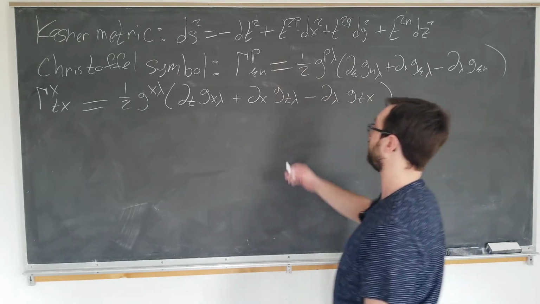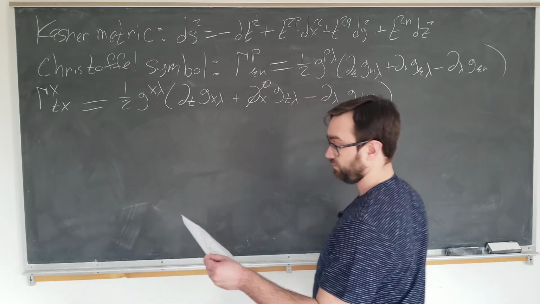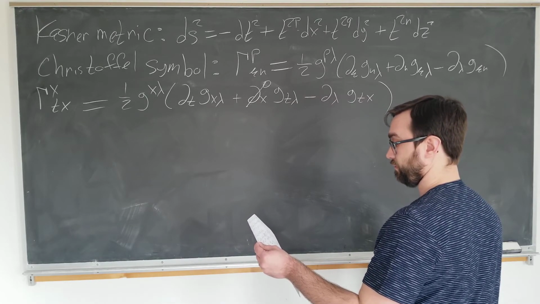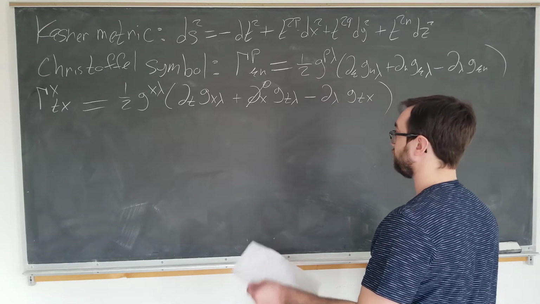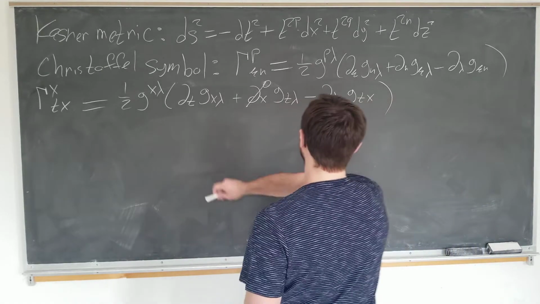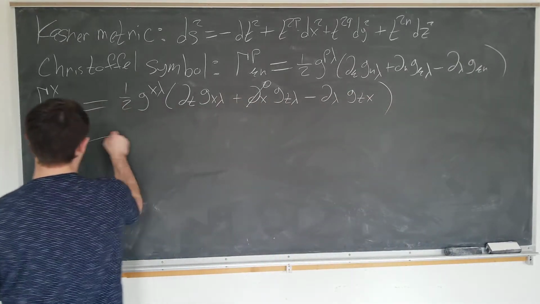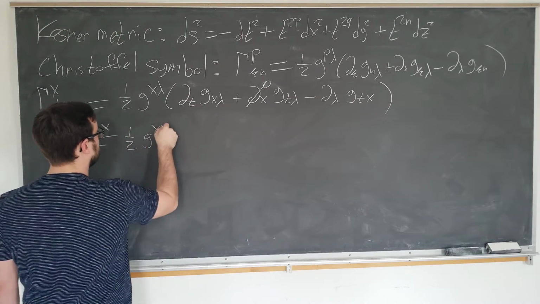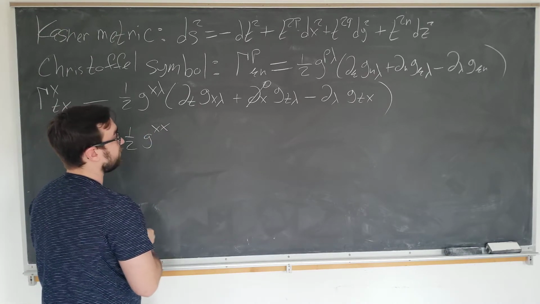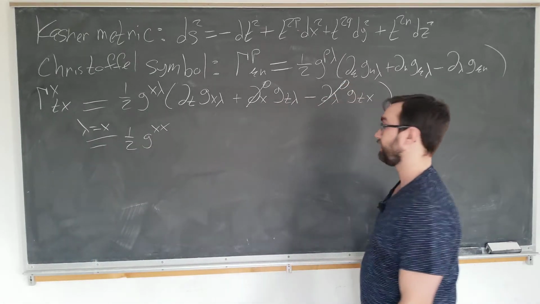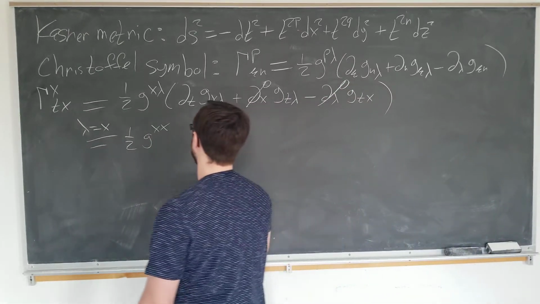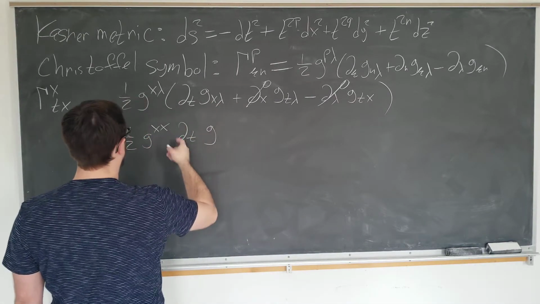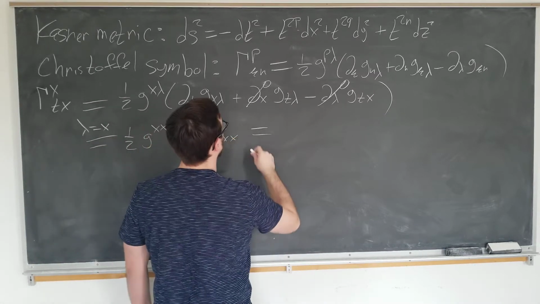Okay, let's see which ones are 0. Off the bat, we have an x derivative again, which is simply no good. Yes, x derivatives are definitely 0. Then we have a time derivative here, and we need lambda to be equal to x. So 1/2 g^xx, and if lambda is equal to x, then the last term goes away too, since x derivatives vanish. So 1/2 g^xx times the time derivative of g_xx.